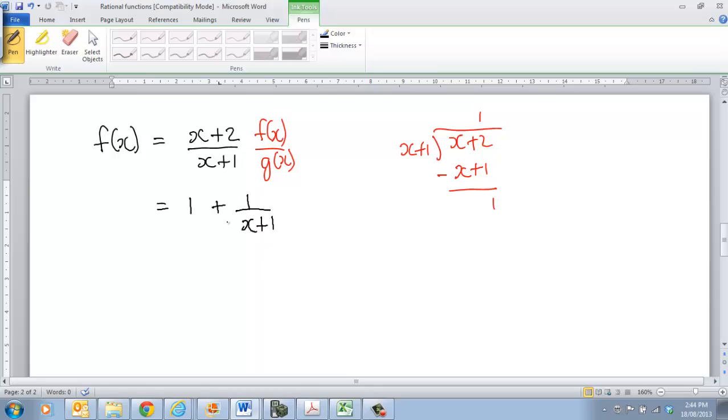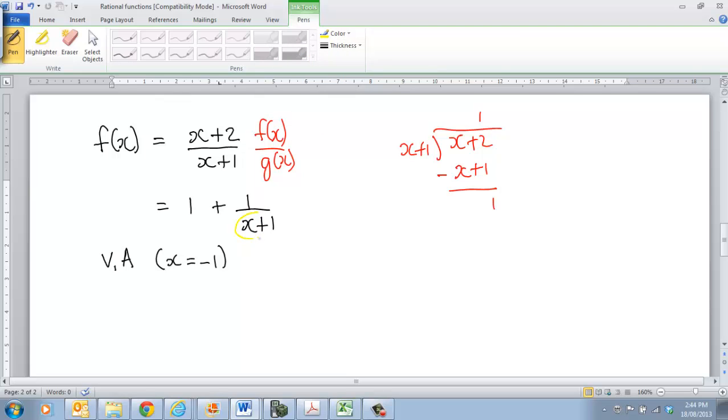Alright, so in this particular case we can say that our vertical asymptote is this value here, so that's going to be when x is equal to minus 1. So whatever makes this equal to 0 on the bottom line.